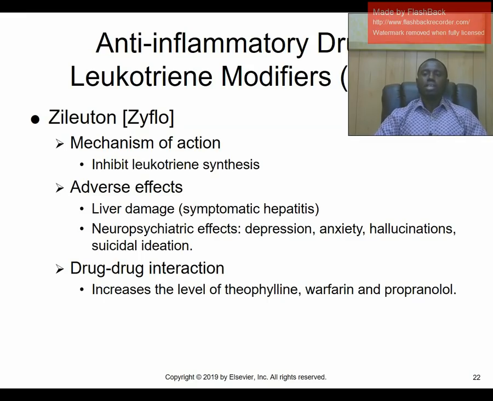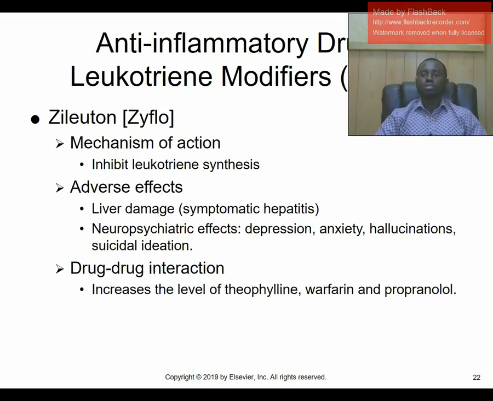Propranolol is a beta blocker which is used to control high blood pressure and also to control the heart rate. So if Zyflo is going to increase the levels of propranolol, this means that the patient is likely to have hypotension, which is decreased blood pressure, or bradycardia, which is decreased heart rate.